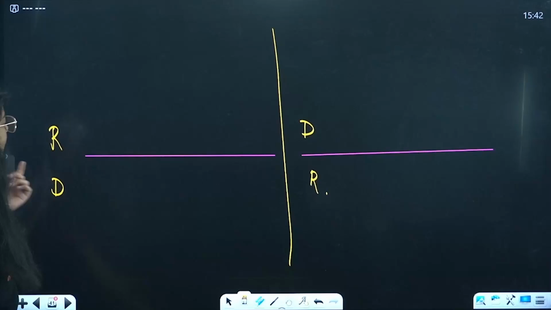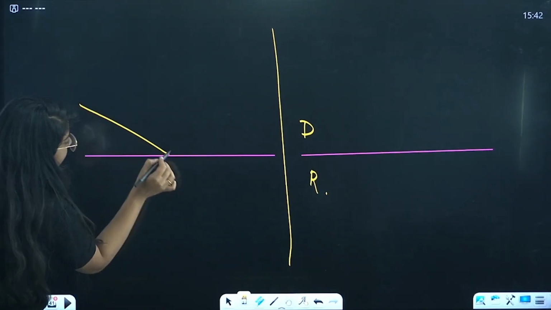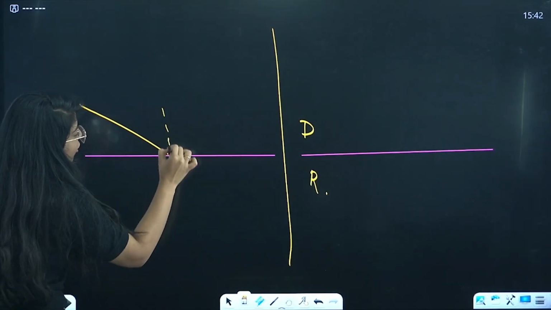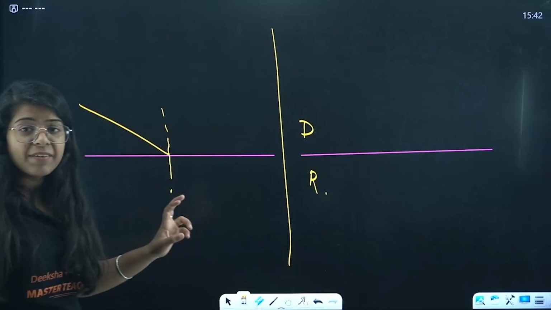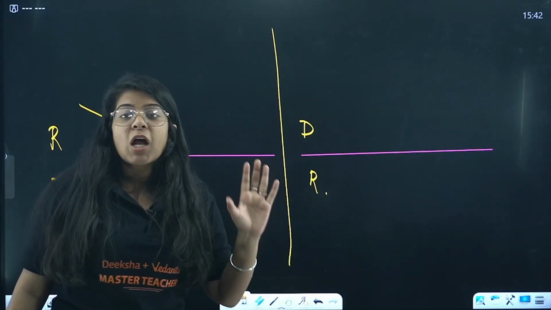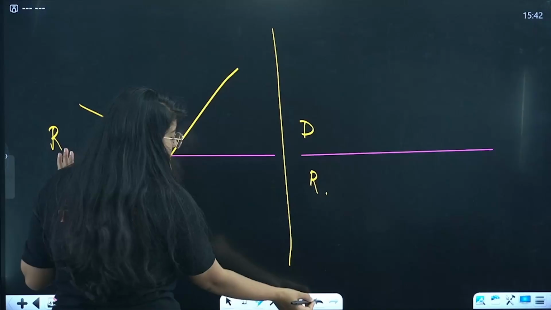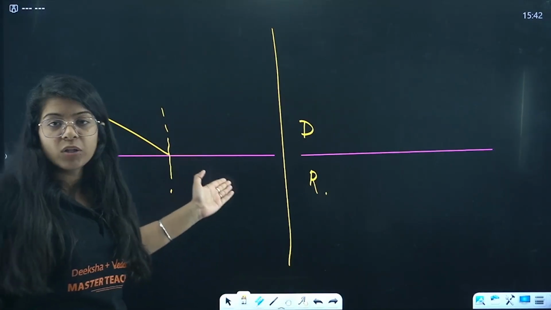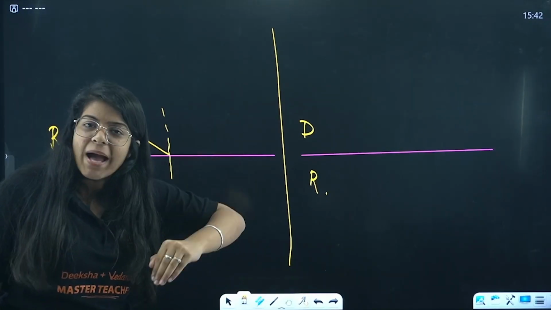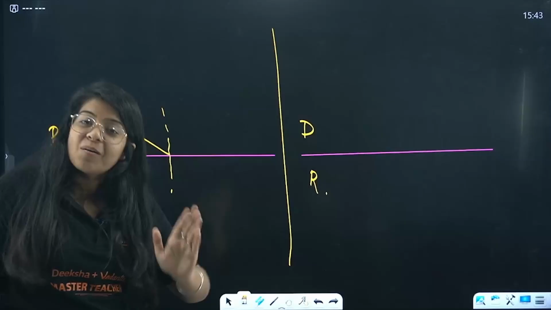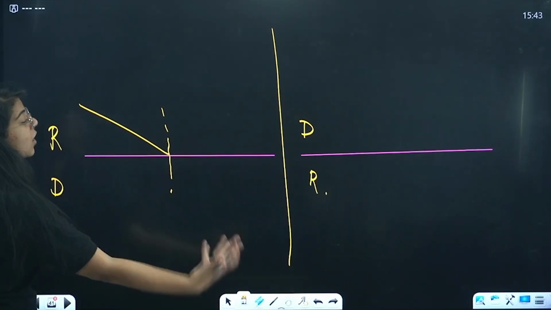Now whenever beta the light is going from rarer to denser, here we have a normal. Just like we had in reflection, we will also draw a normal. Now in reflection, light went back. But in refraction, after hitting water, it won't go back into the glass, right? It will come out, so it will go in the other direction.